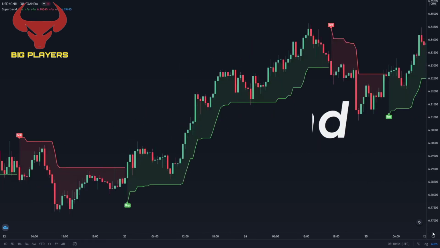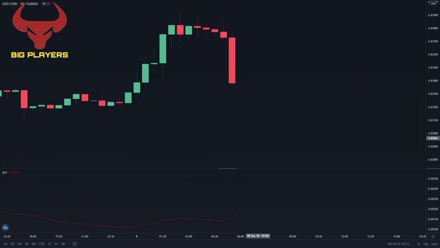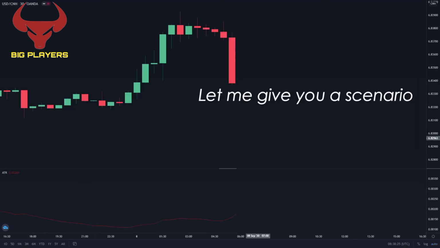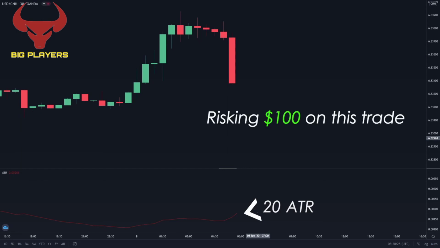So now, I'm revealing an important money management strategy that you can use with the ATR. So let me give you a scenario. Let's say you're trading and the current ATR value is 20 and you're risking, let's say, $100 on this trade.